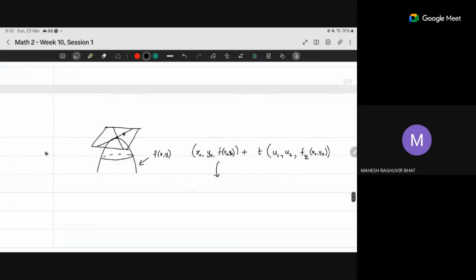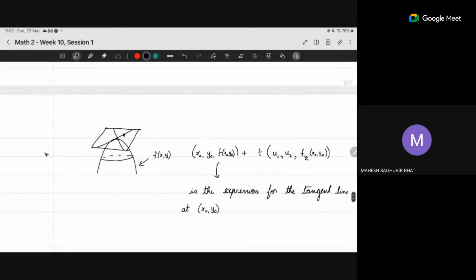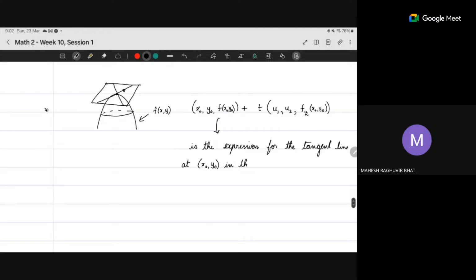So this is the expression for the tangent line at x naught, y naught in the direction u, which is equal to, I will take an equivalent direction.